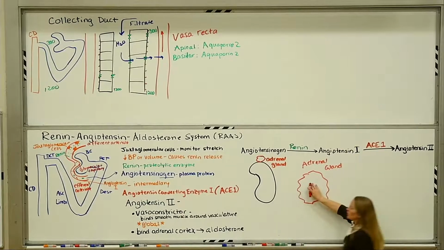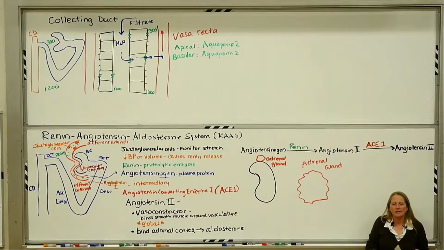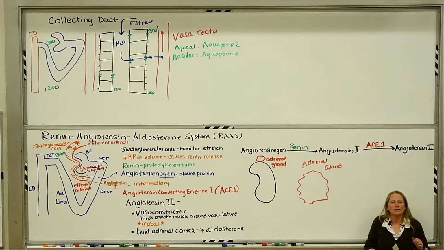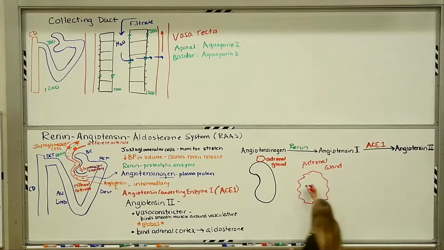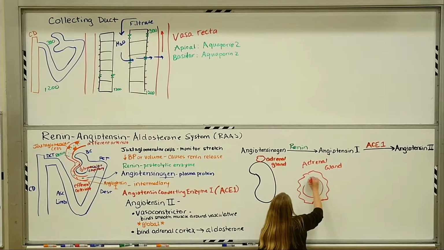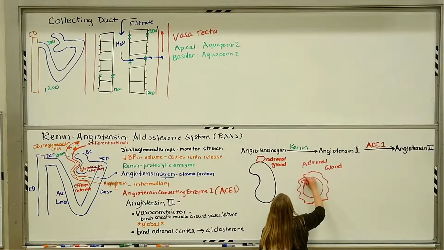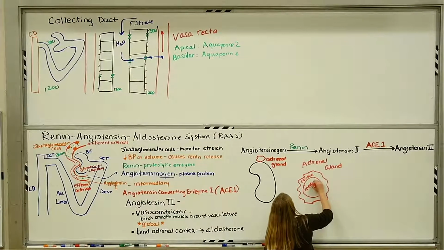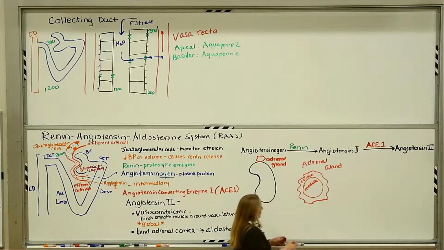And the adrenal gland, just like the kidney and just like lots of our organs, actually has two portions. There's the cortex, which is the bark that goes around on the outside. And then there's the medulla, which is deeper inside. Today, we're talking about the cortex.